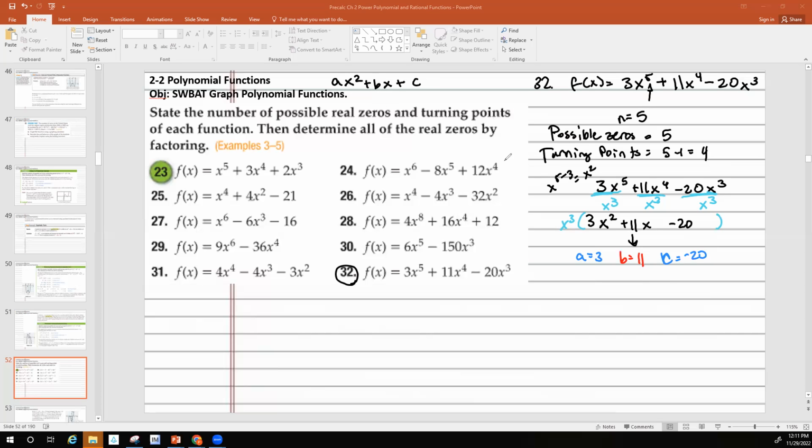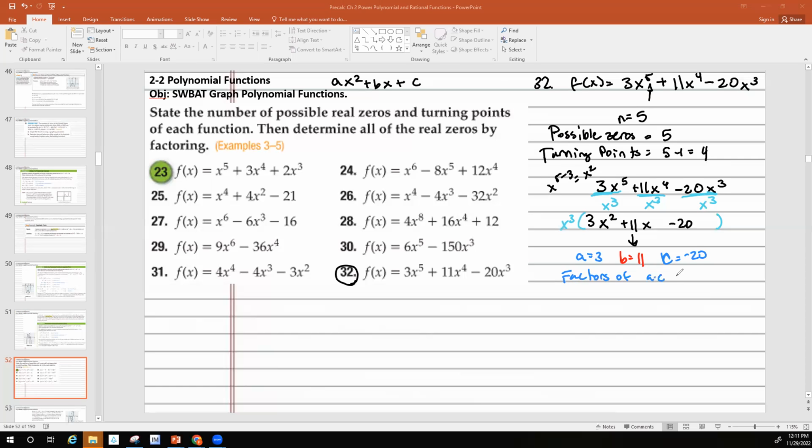Then you can factor however you know how to factor. I'm going to do it the way that I told the class: factors of a times c that add up to b.